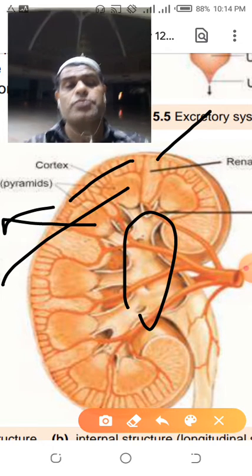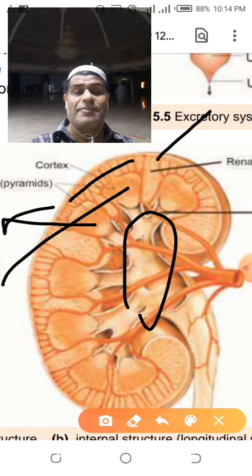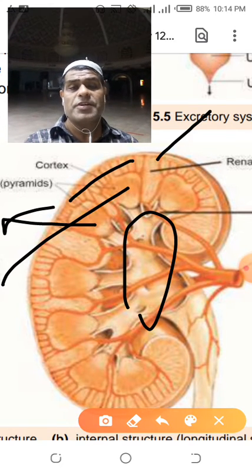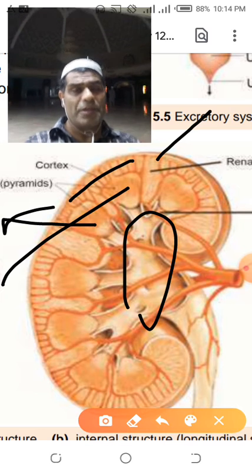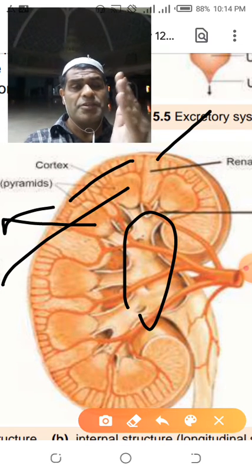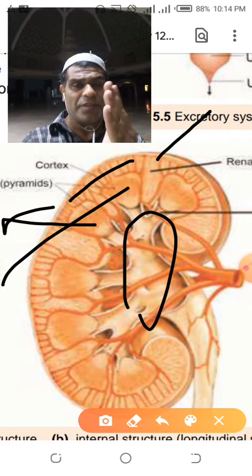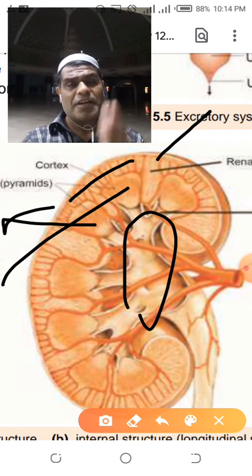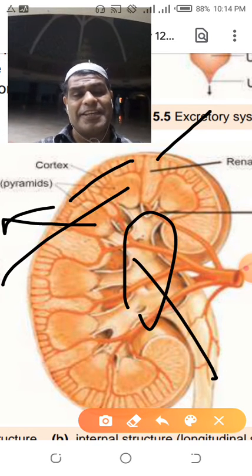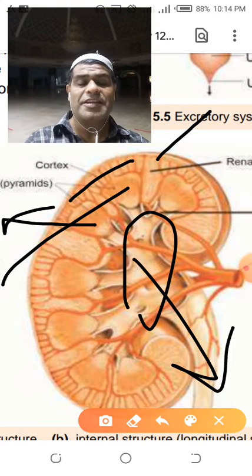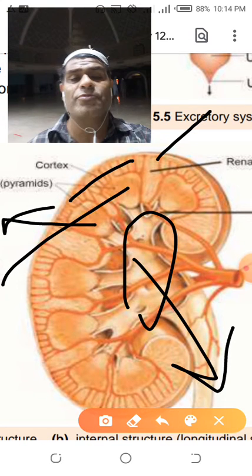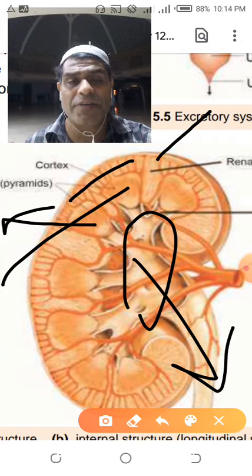This is a cavity, called the renal pelvis. In the renal pelvis, nephrons are not present. That's why you cannot say that the nephron is the structural and functional unit of the excretory system.